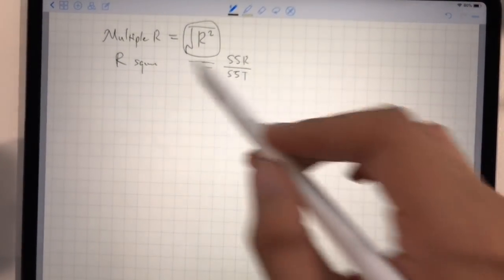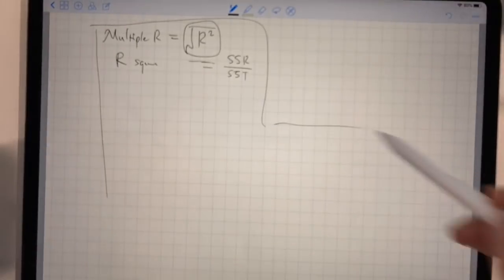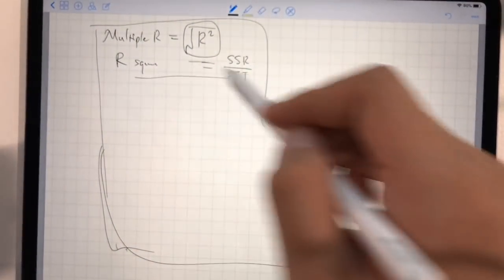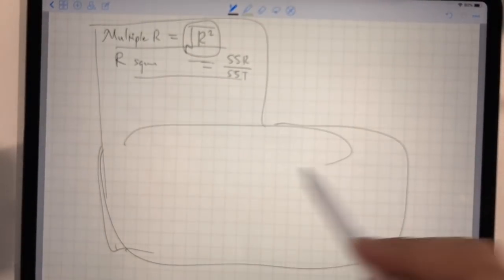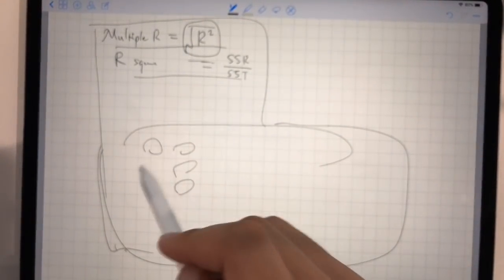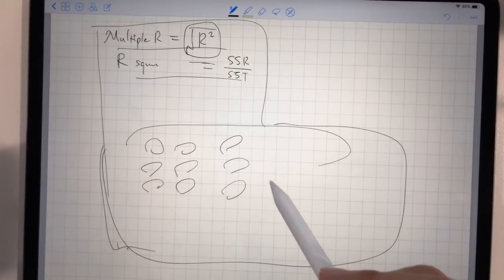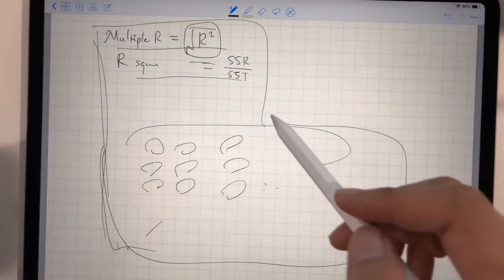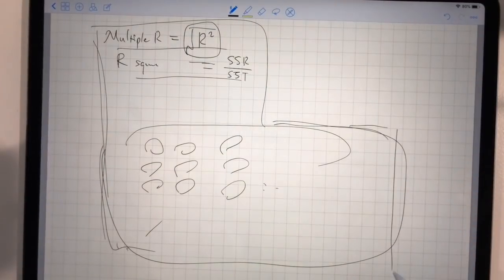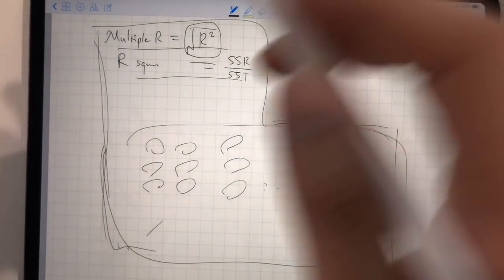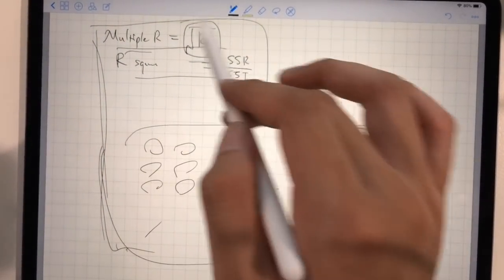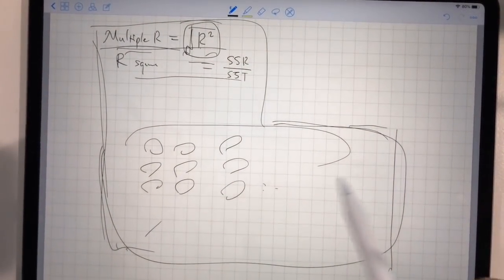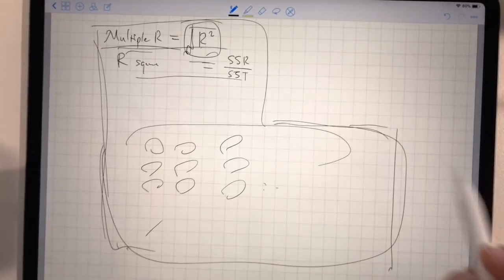I believe there's a very detailed table or slide that introduces where each value comes from in the Excel output. So you can just go back to your slides and see it. Okay, so multiple R is the square root of R squared. So if you know what R squared is, you know what multiple R is, right? Yes.